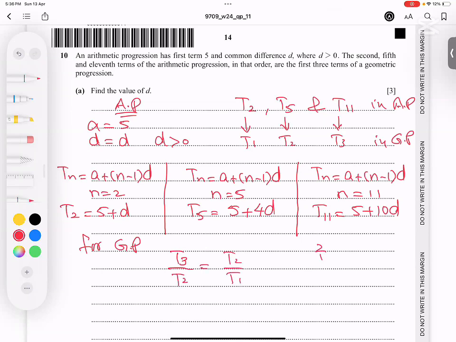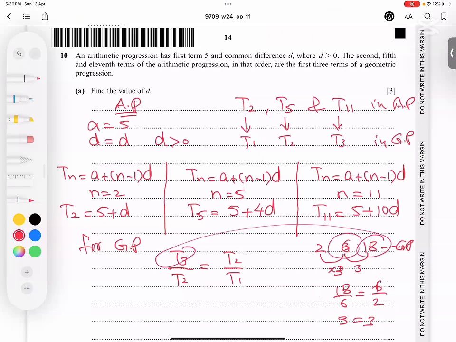For example, 2, into 3 is 6, into 3 we got 18. So this is actually a GP example. 18 by 6 is the same answer as 6 by 2: T3 by T2 and T2 by T1. So 3, 3, you see, they match. I believe the logic is very clear.